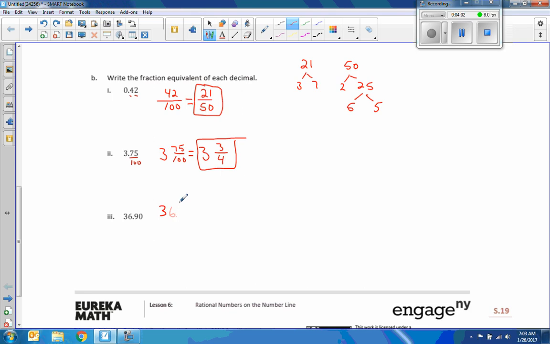Actually, we're converting it into a fraction, so I don't use the decimal. 36, and if you aren't realizing that that 0 is unnecessary, you would say 90 100ths. You're just creating more work for yourself, but you'd have to cancel, and it's 36 and 9 tenths. So this is my answer.